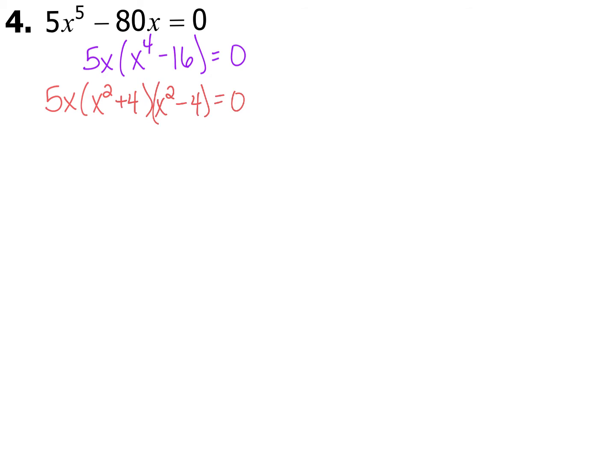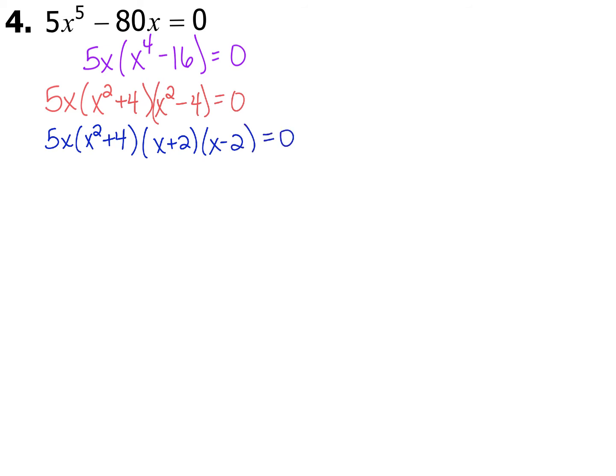Now, I also see that I have another a squared minus b squared in the term of x squared minus 4. So I have to continue to factor where factoring is available. So I have 5x times x squared plus 4, and then x squared minus 4 breaks down to x plus 2 times x minus 2, and that is equal to 0.